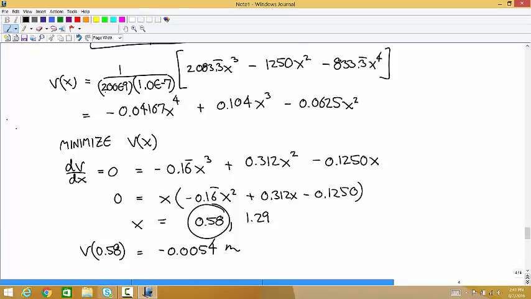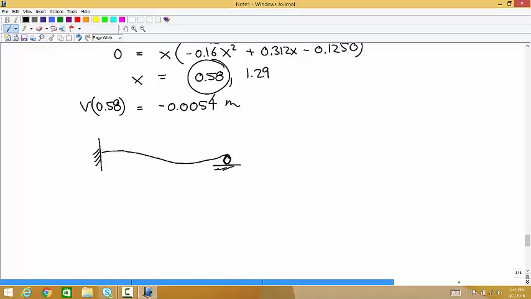Is that what you got plugging those in? Yeah. Okay, and that's totally believable. That's 5 millimeters of deflection.